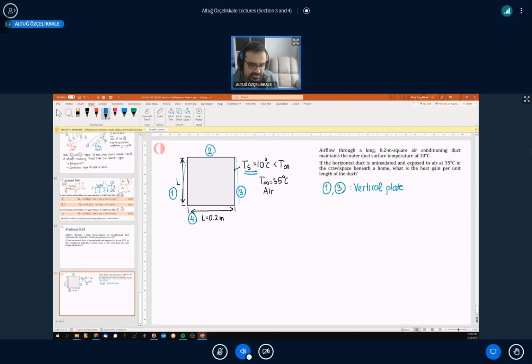And how about 2? In 2, we are going to have the top surface of a cold plate. It's horizontal. Cold plate, top surface. Horizontal cold plate. And 4 is, again, a horizontal cold plate, bottom surface.